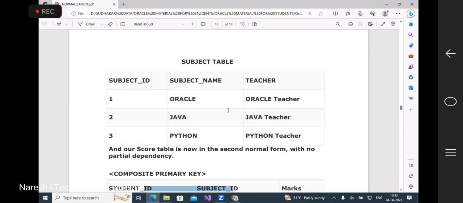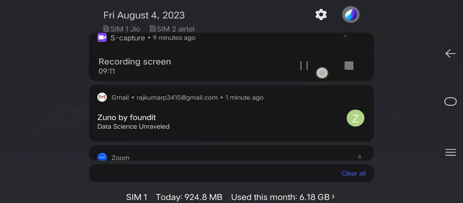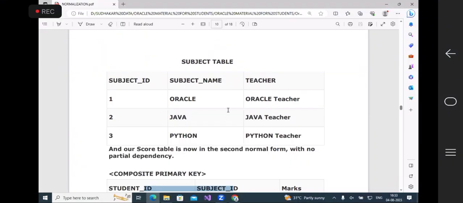And in real time, database people check this rule first: first the 4 conditions of the first rule, and after those, whether any partial dependencies are there or not. If there are, decompose; if not, it is not going to be decomposed. So this is what the second technique tells us.